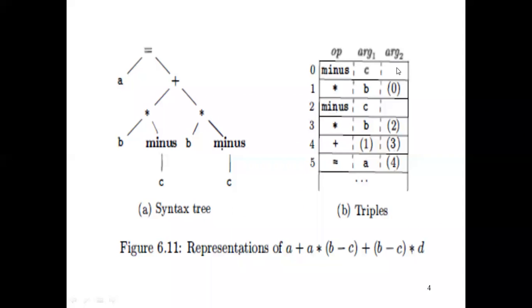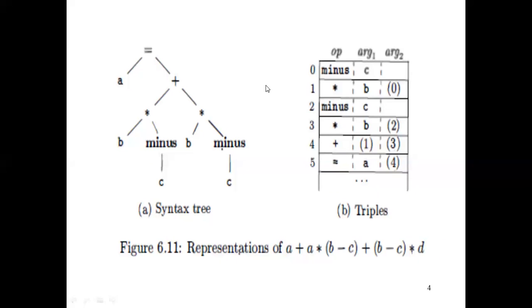Why? Because here we will use the position of the line number. Within the curly braces, we are indicating the line number. Here no column to store the result, because the line number will act as a pointer.